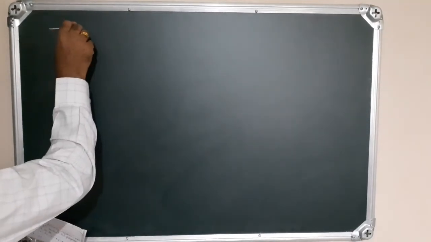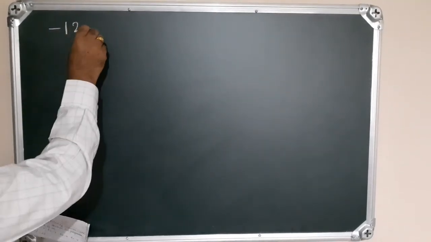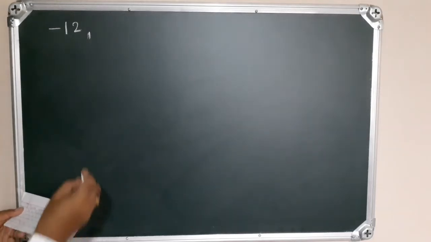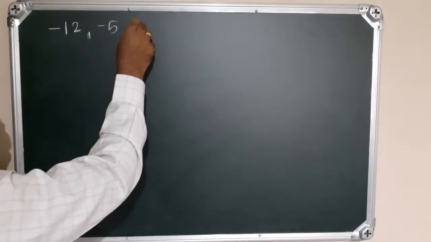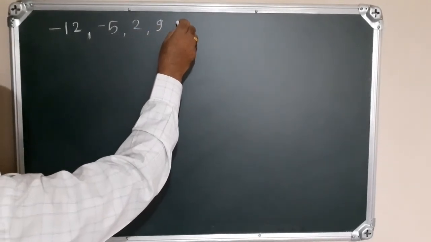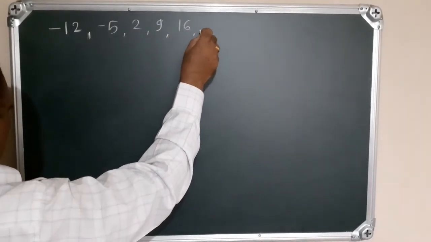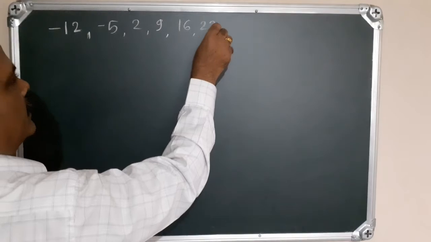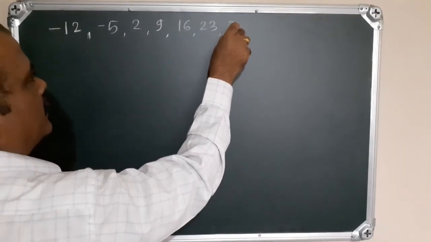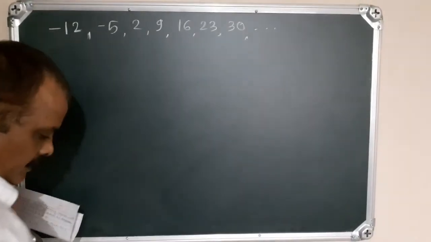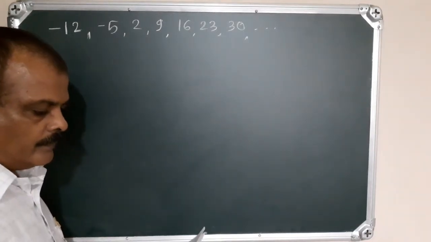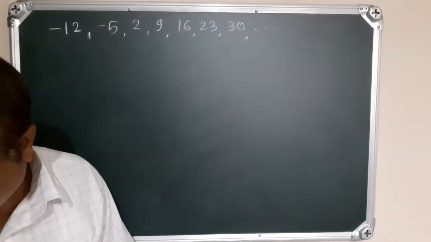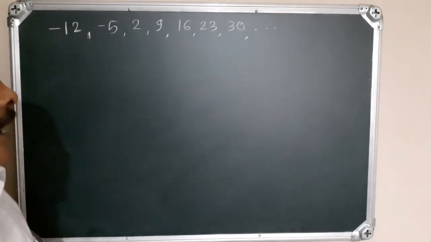The sequence given is minus 12, minus 5, 2, 9, 16, 23, 30, and so on. We have to prove whether this sequence is an AP or not.